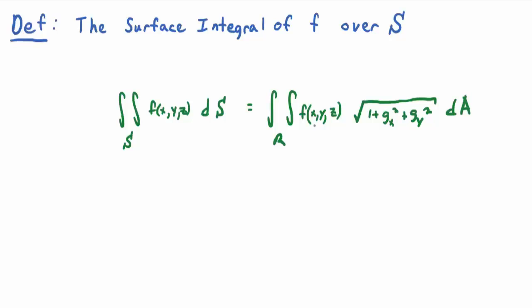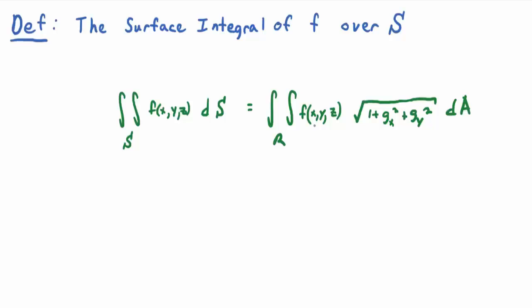Here the lamina isn't flat, it's some surface. I don't know if lamina would be the appropriate name anymore, because lamina probably means flat surface, but for the sake of argument, call it a lamina. If f of x, y, z represents the density function, integrating it would still give the mass.